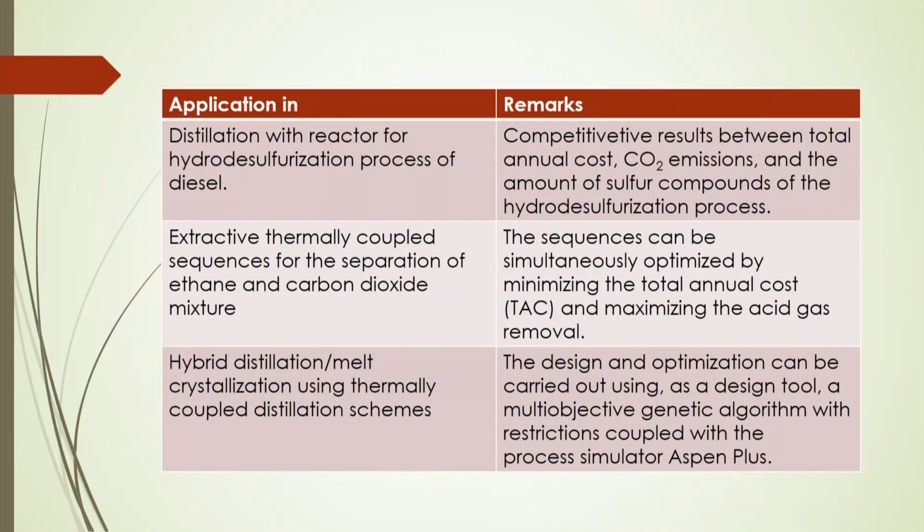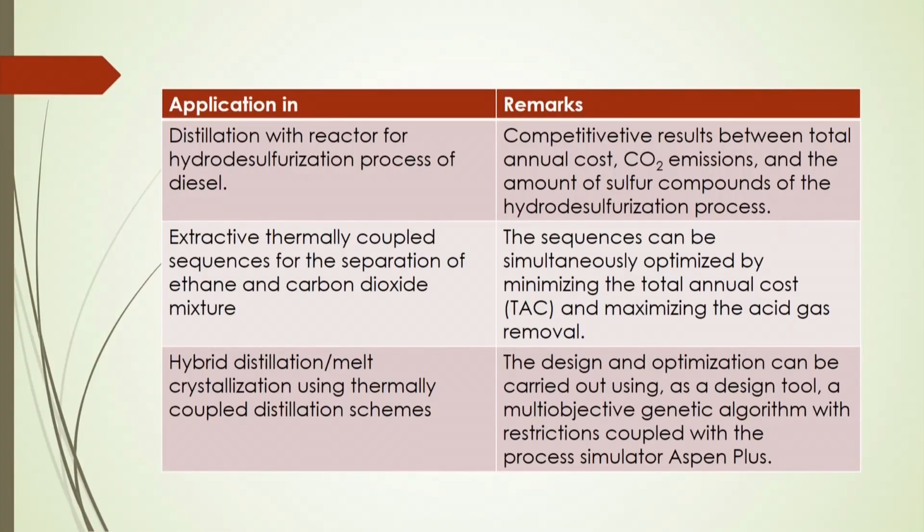So, it is very important which sequences you are going to consider in that particular extractive thermally coupled sequence for the separation of the ethane and carbon dioxide mixture, which should be optimized by minimizing the total annual cost and maximizing the acid gas removed.